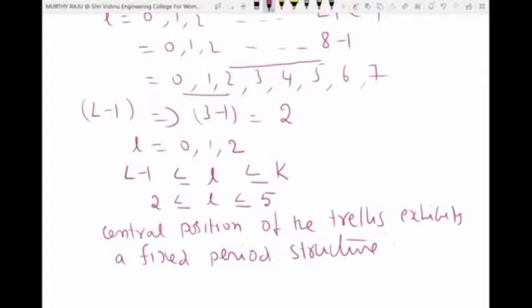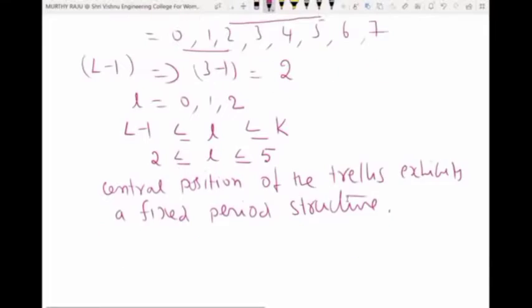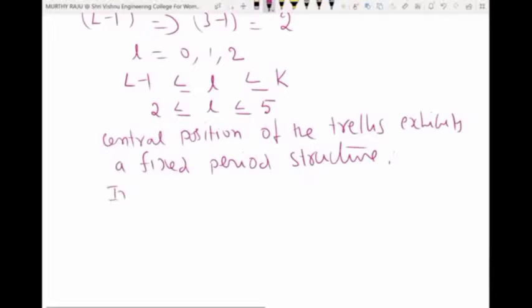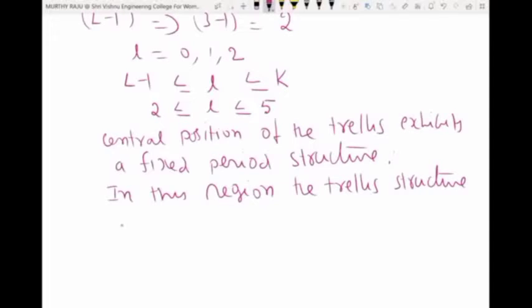In this region, the trellis structure covers all the states of the convolutional encoder.